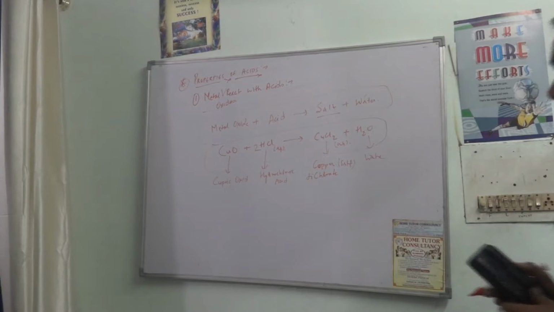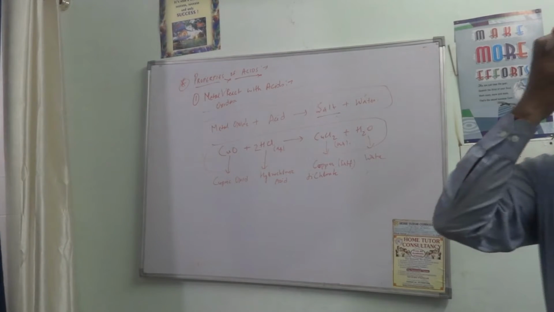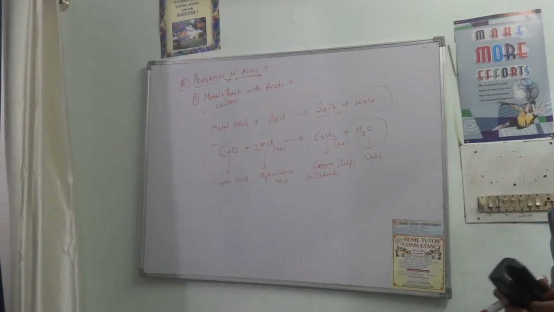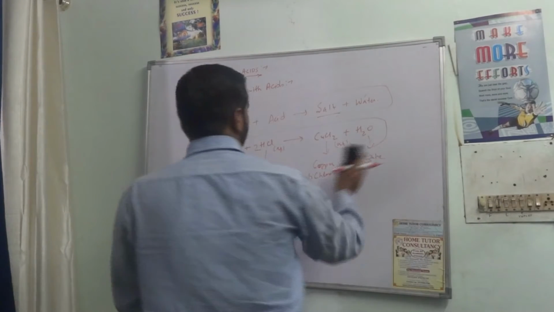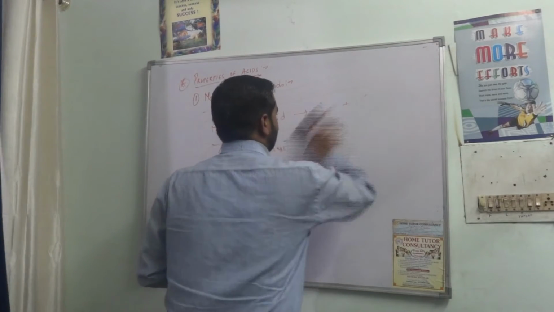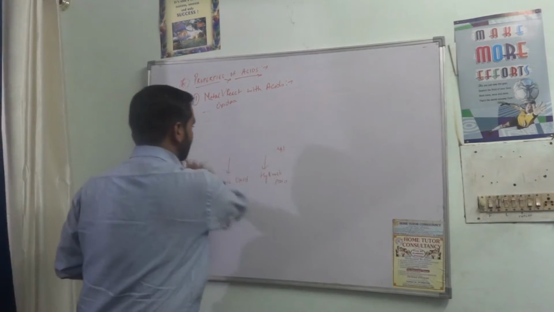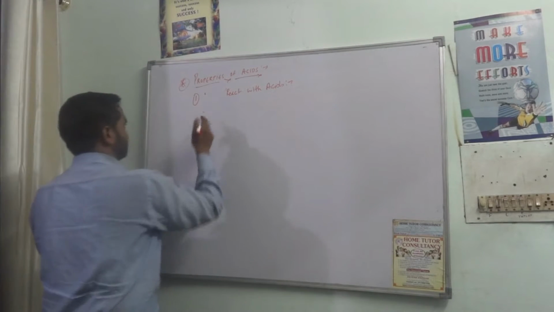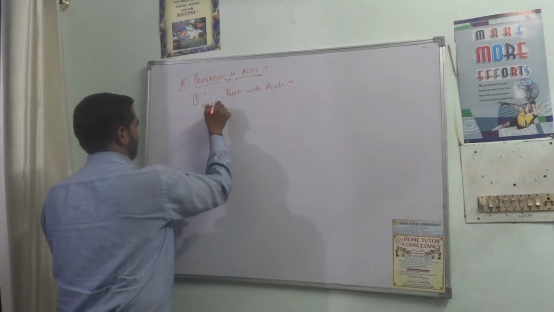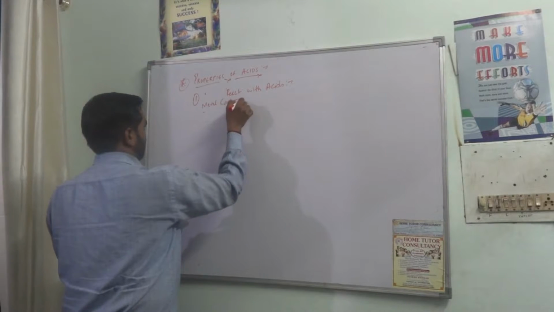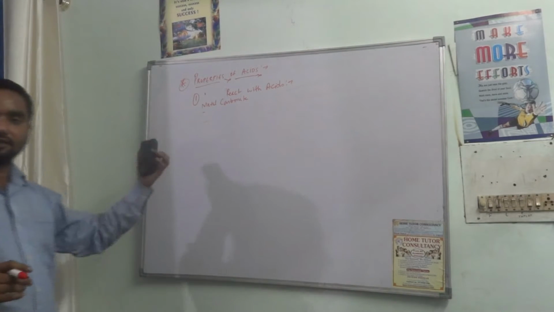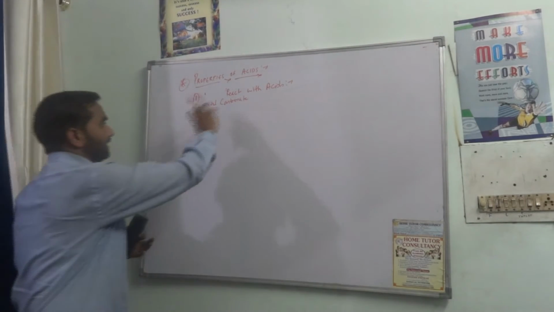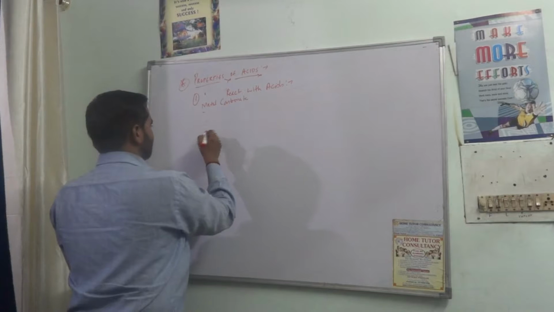Again, if we take any of the metals, it gives the same product. The third one is the reaction of acid with metal carbonate. When a metal carbonate reacts with acid, what do they form?